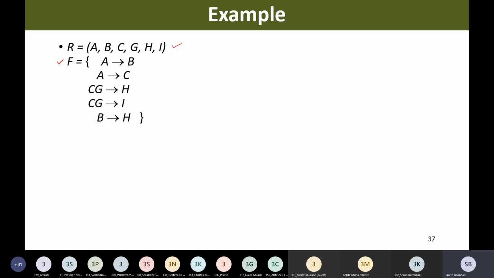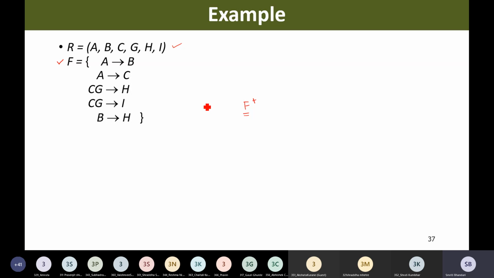Now, what we are asked is to compute a few members of F plus. So given F, we would like to compute F plus, but it is very difficult to come up with all the members of F plus. So let us simplify our task.